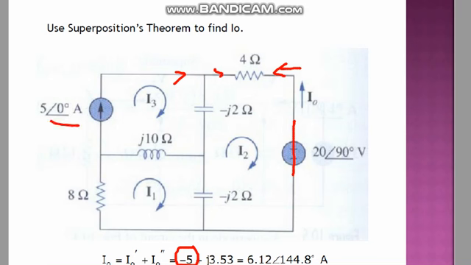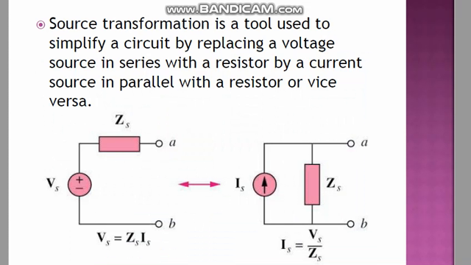In another analysis, when you activate the 20 volt 90 degree source, the flow of this current will come out, and we can find two currents, first I dash and then I double dash. Adding these two currents gives the result. That is your homework. If you work it out, you will understand this analysis very clearly.